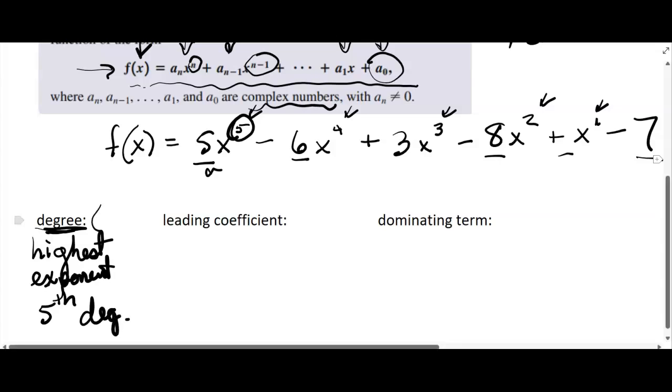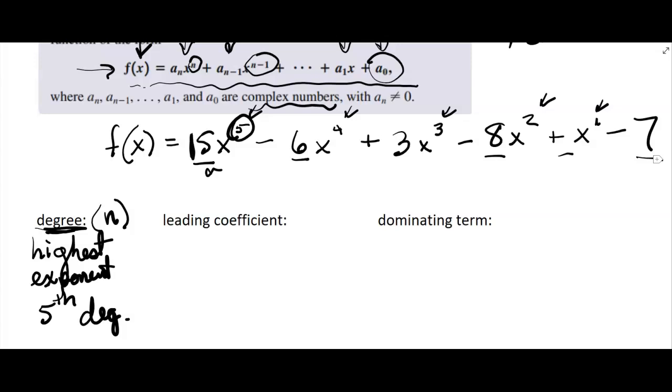It's n. The degree is n, your highest exponent. The leading coefficient, you know what, I'm going to make this a 15. Sorry to change it on you, but I don't want you to get the 5s mixed up. The leading coefficient comes from your leading term here, the highest exponent. Notice that the exponents go in descending order, 5, 4, 3, 2, 1, and then the constant at the end.